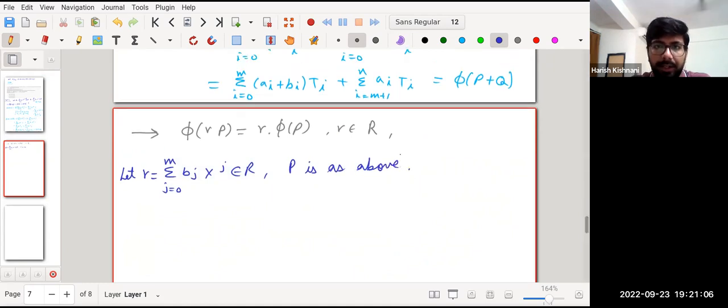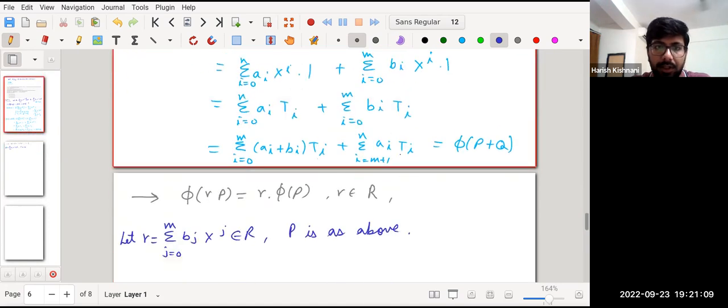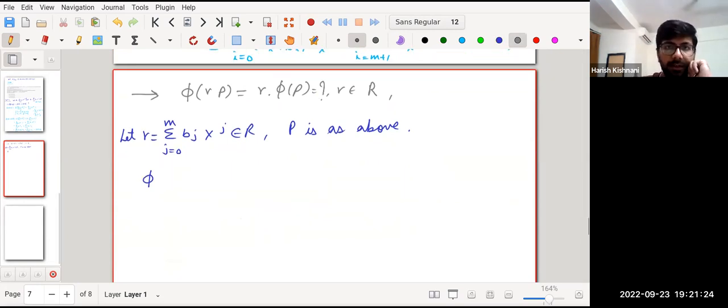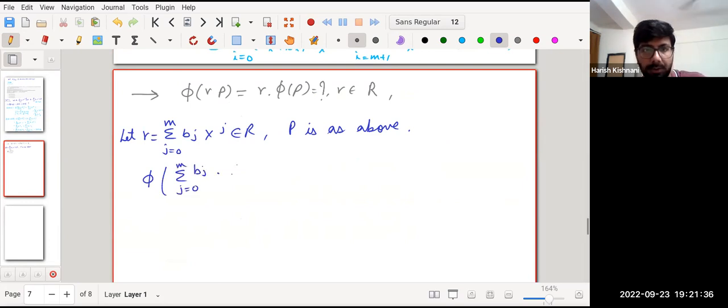Now whatever we did earlier, that product of two polynomials, the same thing will come here, and we need to check phi of summation of j equal to 0 to m bj xj, dot summation of i equal to 0 to n ai xi. Now the multiplication of polynomials will come into the picture.